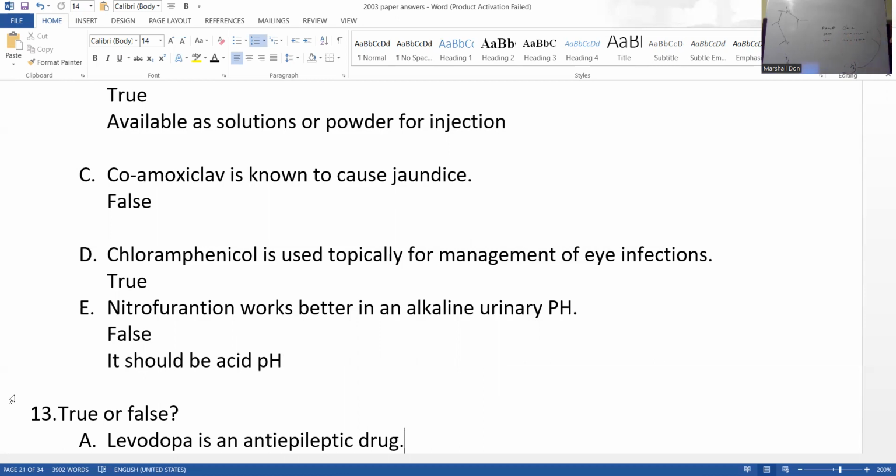Now, in your pharmacy, you have only this one, the 375 milligram tablet of coamoxiclav. That is, say, Augmentin. We have only 375. You don't have 625.